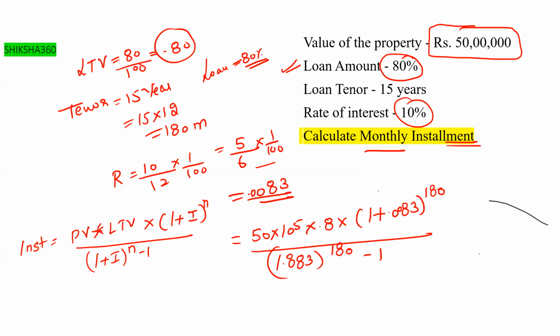Please calculate fast and tell me how much the monthly installment is. 1 plus 0.0083 power 180 into 0.8 into 50 into 10 power 5.